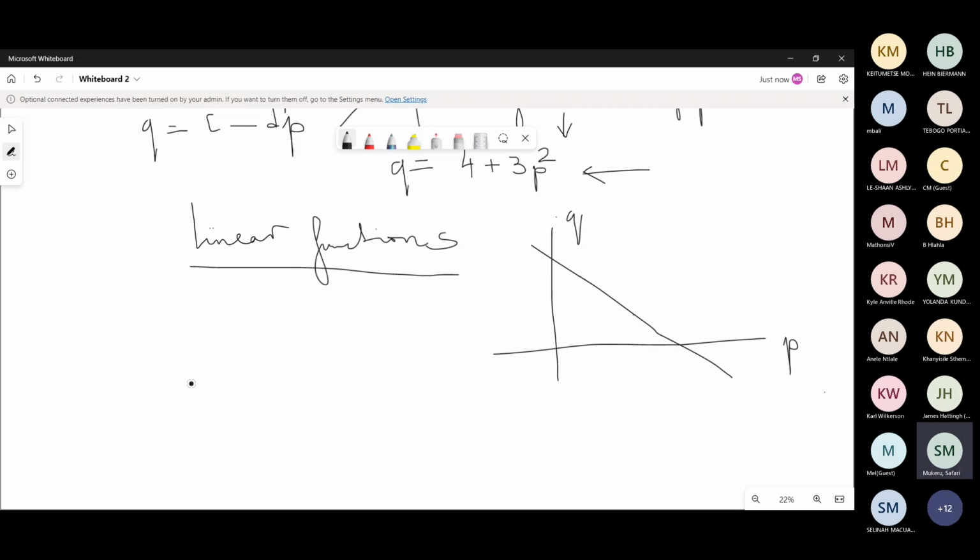We also discussed the issue of equilibrium, right? Here the quantity demanded must be equal to the quantity supplied, right? Do you remember this, please?